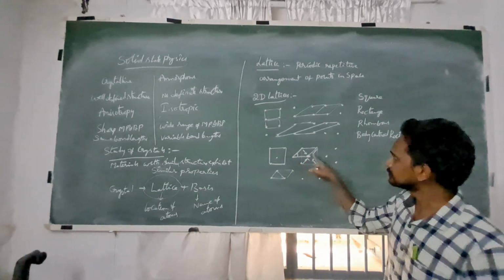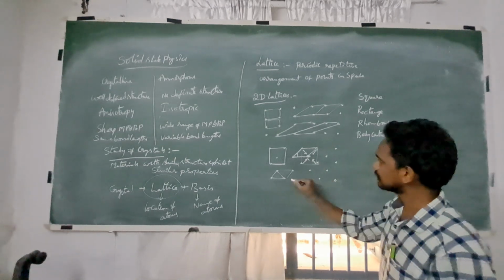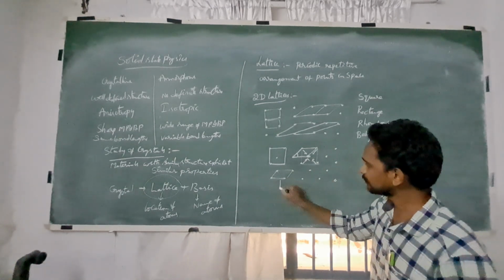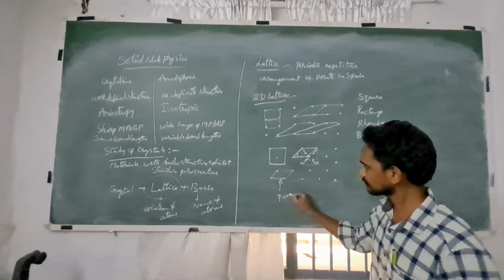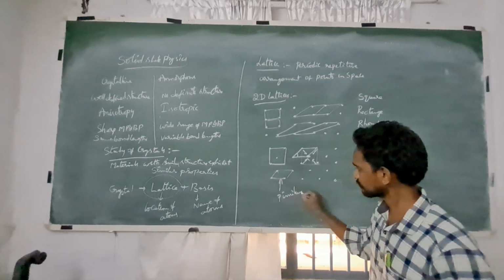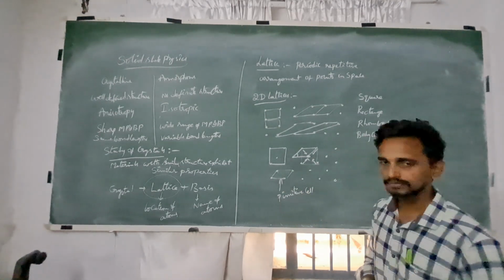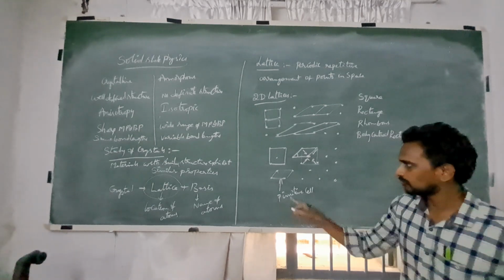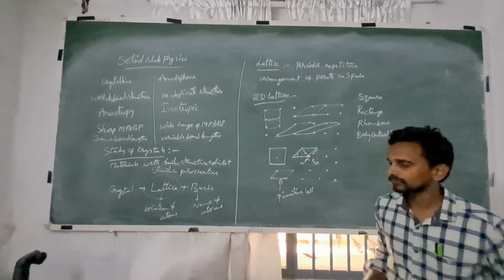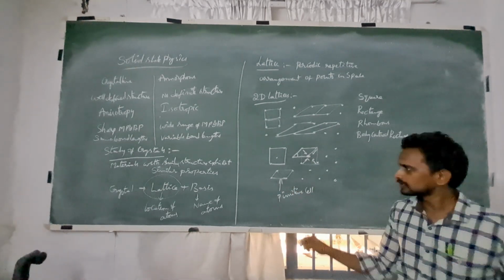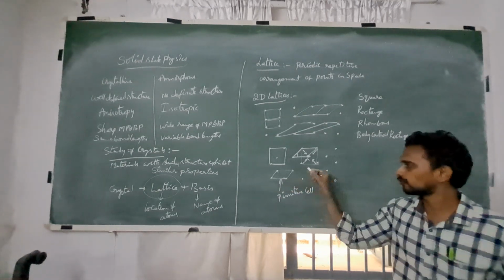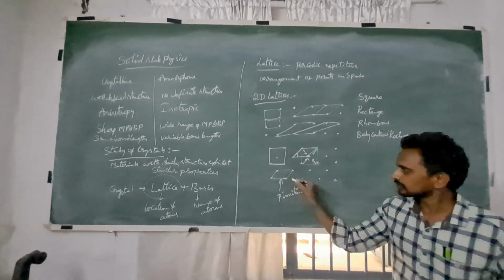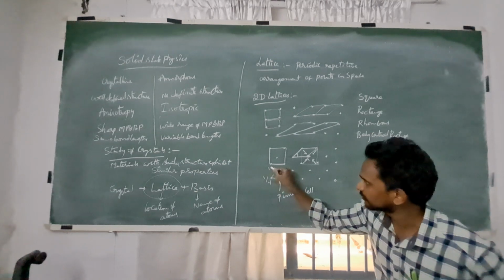So this structure is called a primitive cell, the cell with one atom per cell. Here each corner is shared by 4 cells, right? So each corner will have a contribution of 1/4.